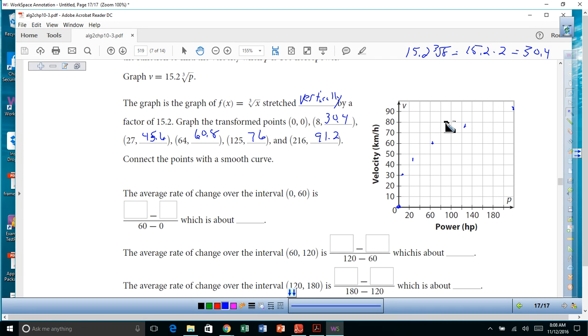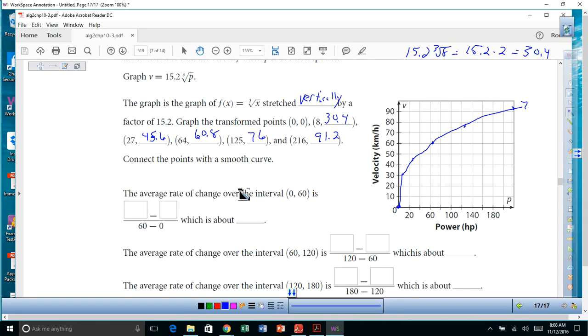All right, so let's see if we can connect these smoothly. All right, so it would look something about like that.